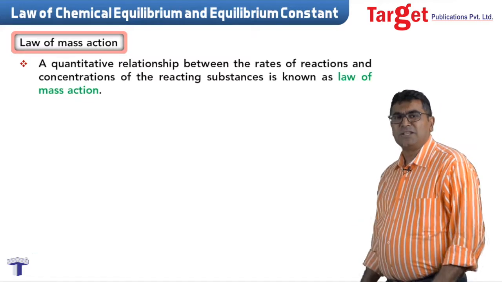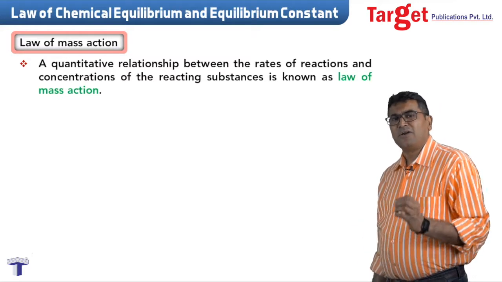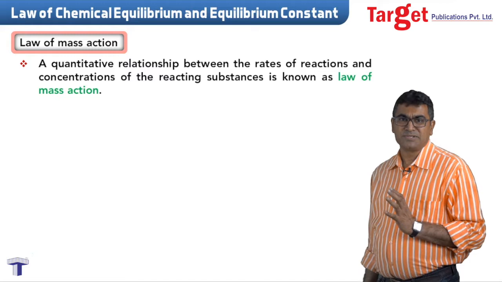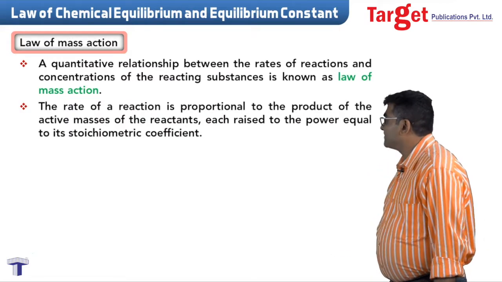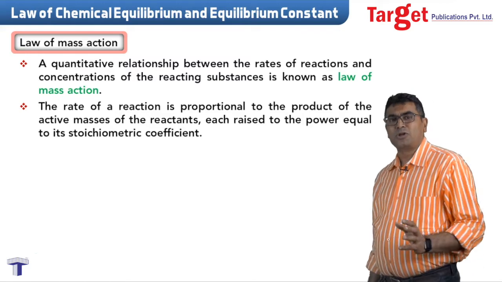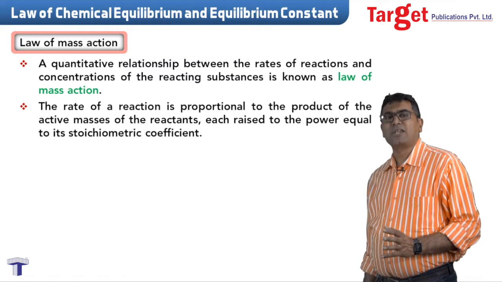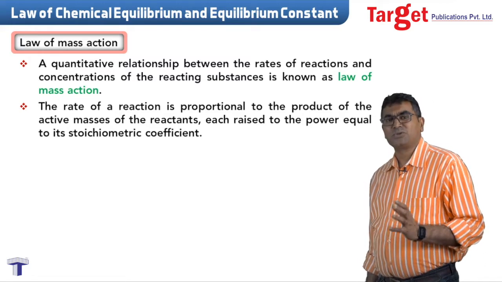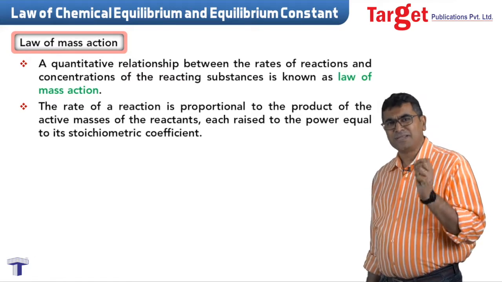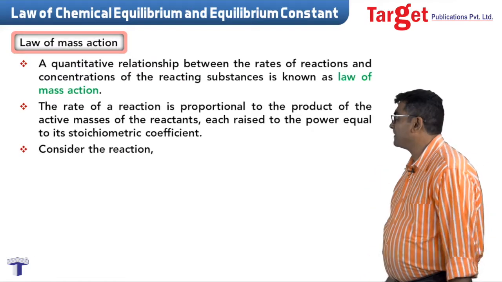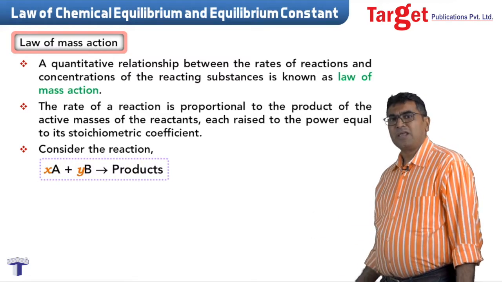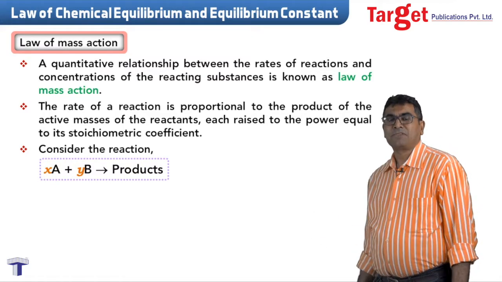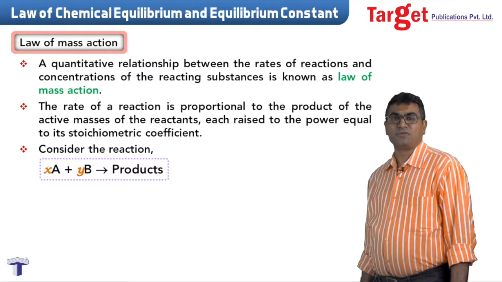law of mass action is nothing else but a relation between rate of reaction and concentrations. It states that the rate of a chemical reaction is proportional to the product of, that is multiplication of, active masses raised to the stoichiometric coefficients. Let's simplify this by means of a simple example. Think of a chemical reaction given in this manner. Here X and Y represent the stoichiometric coefficients.